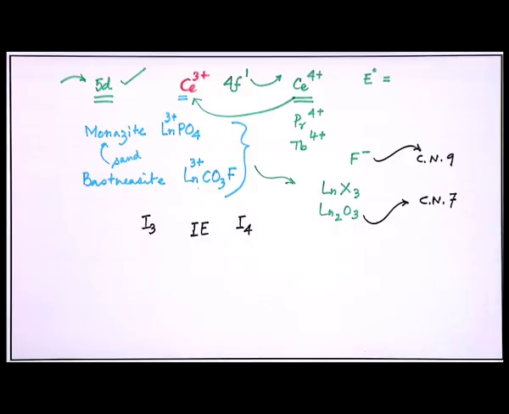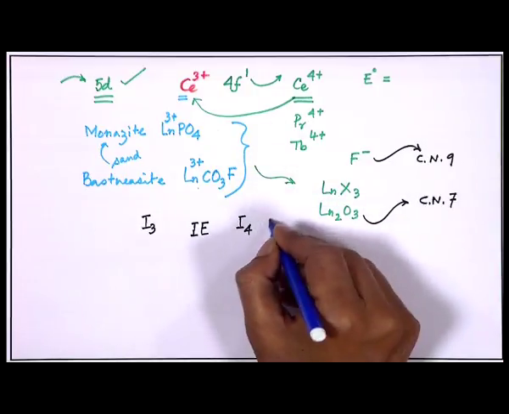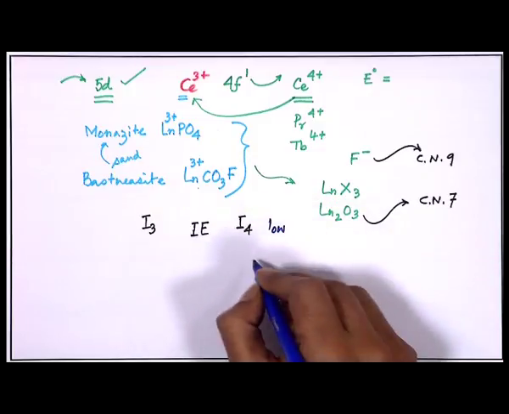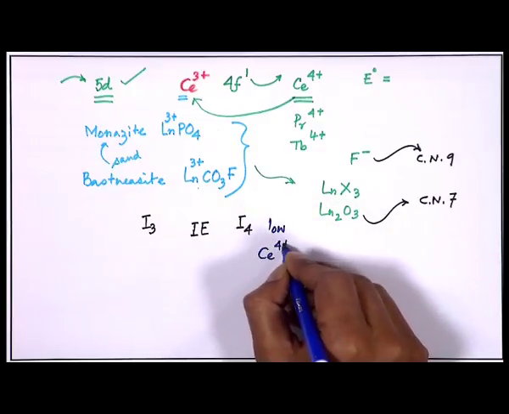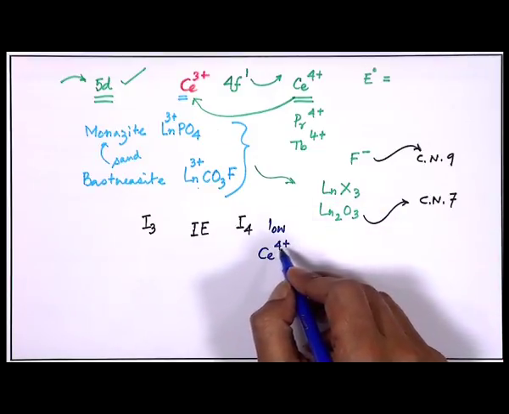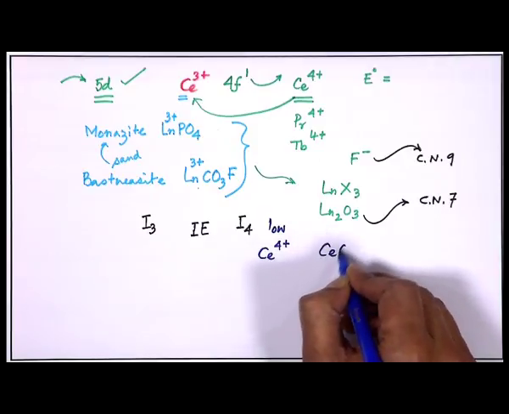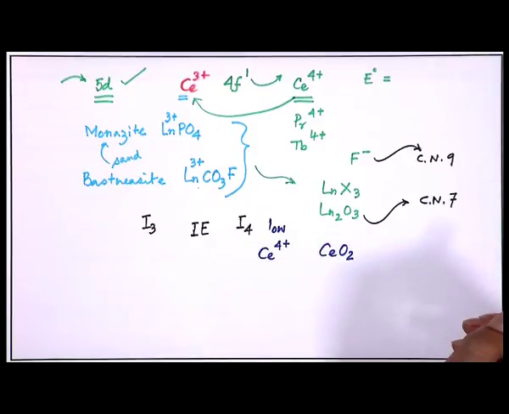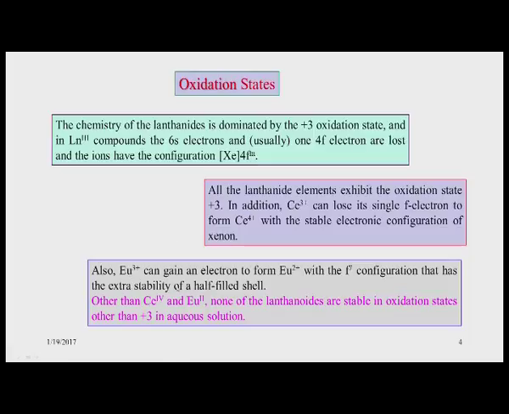So, for the 4th electron transfer, if we see that this value is low, then you can have this, because of the extra stabilization of the xenon electronic configuration, cerium can be stabilized as cerium 4 plus, and that is why for this particular species you can have the corresponding oxide as ceric oxide, CeO2. So, in other cases also, europium, we have seen that europium can gain an electron to form europium 2 plus. So, that gives us the stabilization for the plus 2 oxidation state having a d5 electronic configuration.